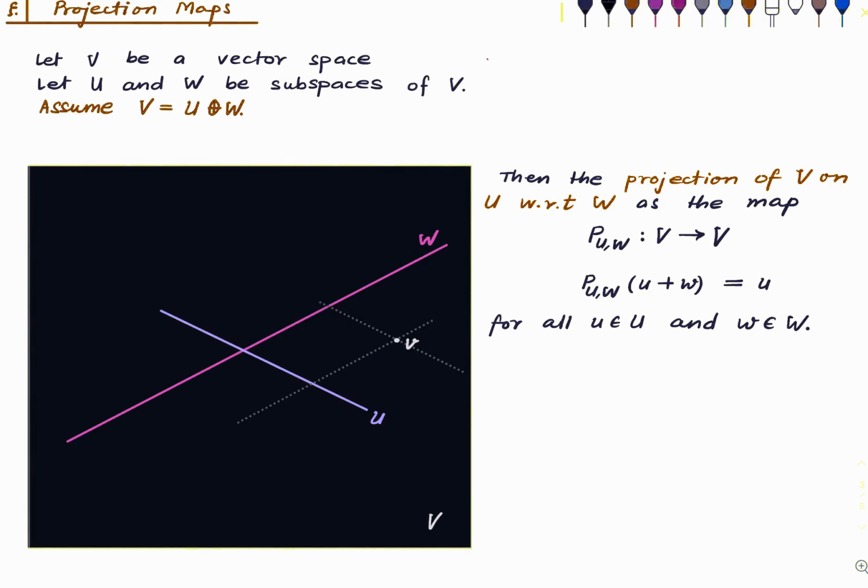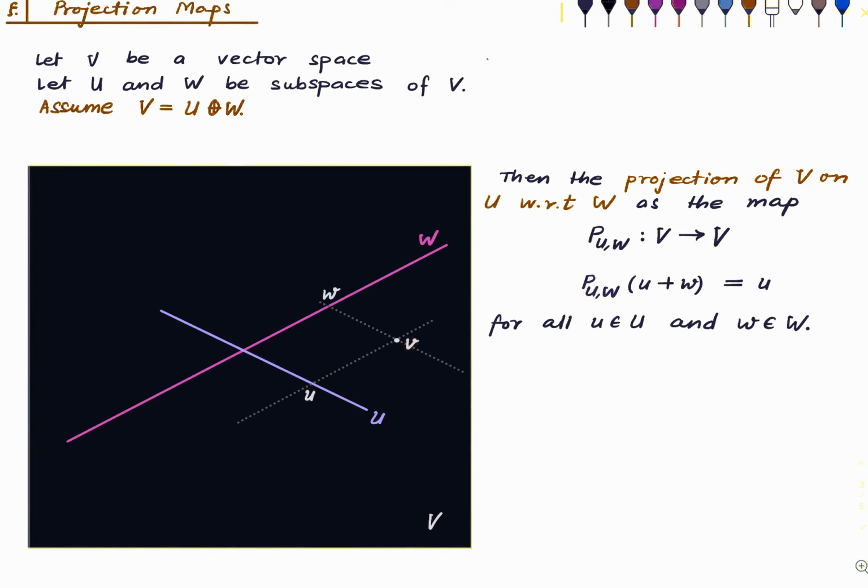Right? So this part is little u and that is little w, so that the vector v is u plus w. And we just output this thing. This is the output of this map on the vector v.